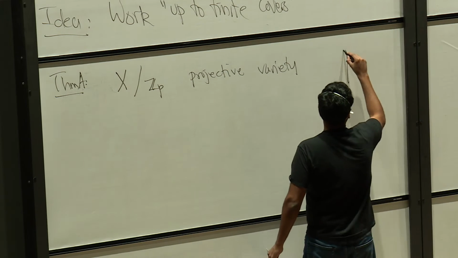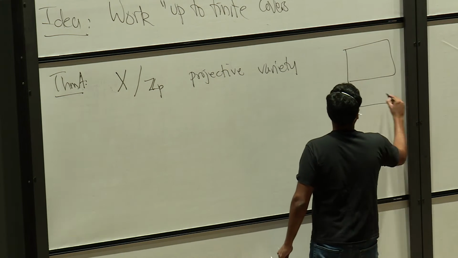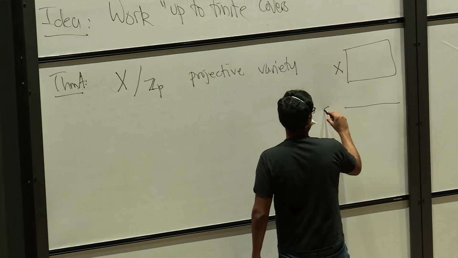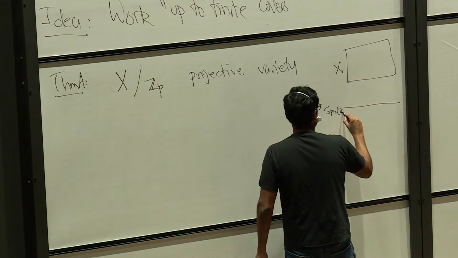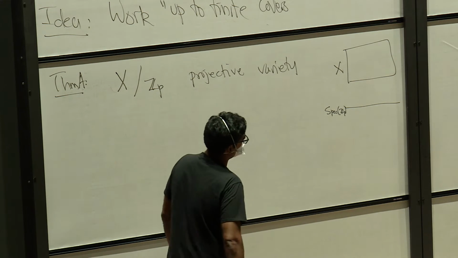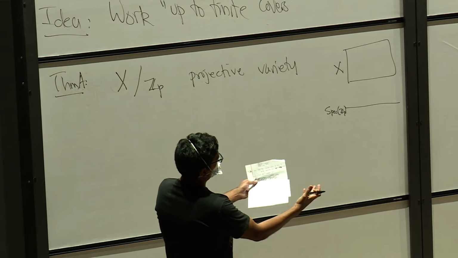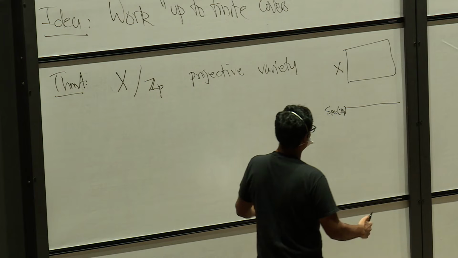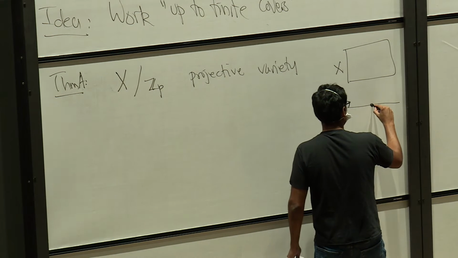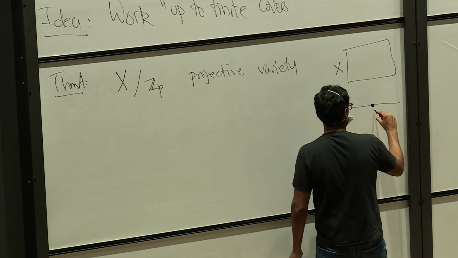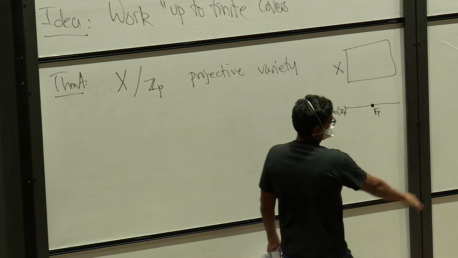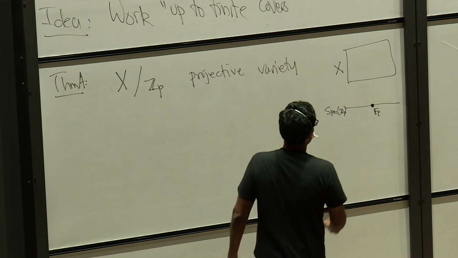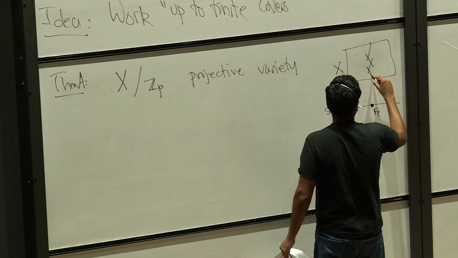The picture is something like this. Here's X. You imagine that Z_p is basically a line, although it's hard to picture because the associated geometric object has only 2 points. But anyways, let's draw it as a line. Here's the special point corresponding to the field F_p, and you have some variety over here.